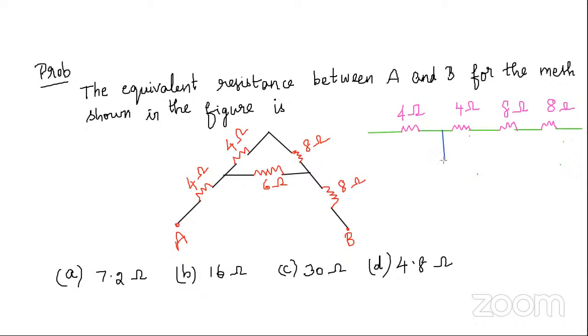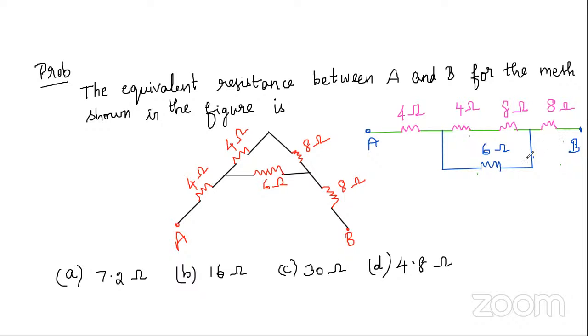So this 4 ohm and 8 ohm have a resistance in parallel. So here I have 6 ohm. Okay, so this point is A, and this point is B.